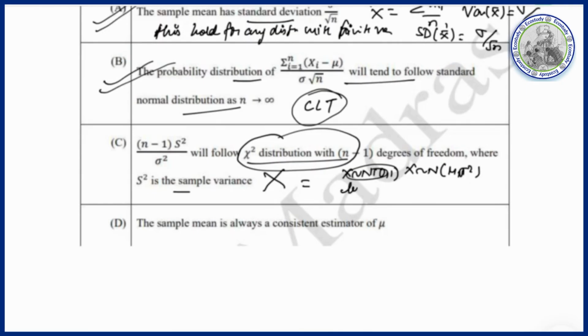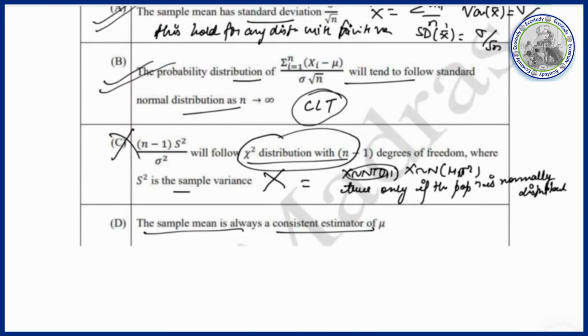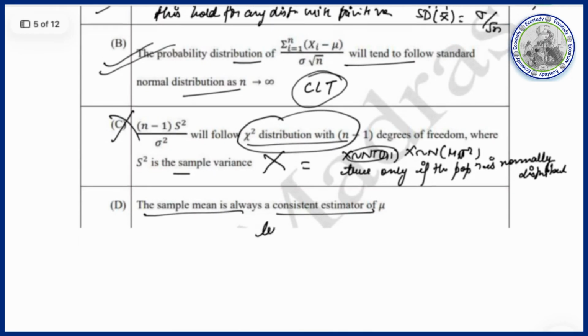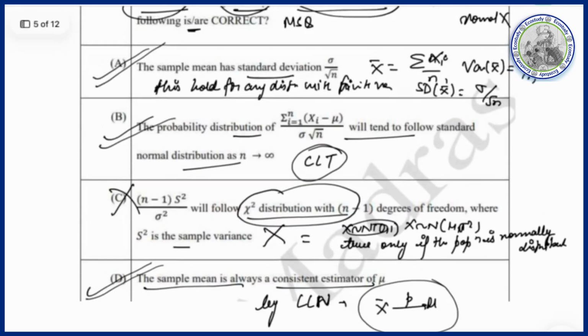It is true only if the population is normally distributed. Okay, that's why it is wrong. The sample mean is always a consistent estimator. Yeah, it is true. Why? By the law of large numbers, LLN, x bar tends to mu. Okay, so it is also true. So the correct options are A, B and D.